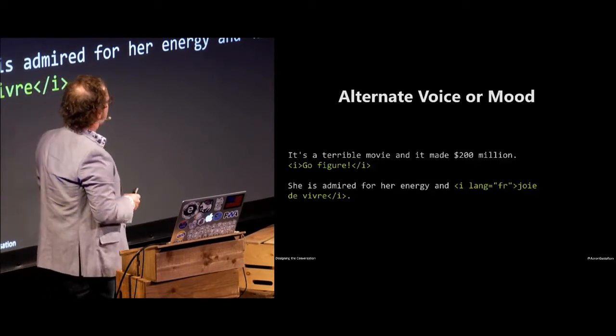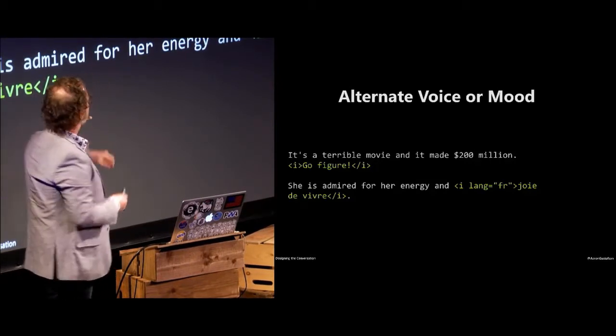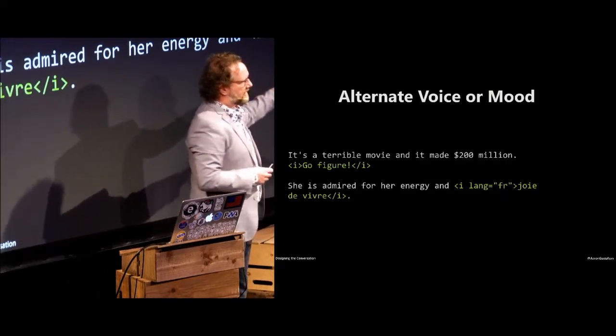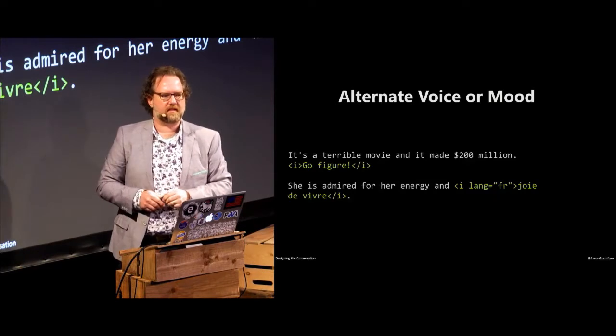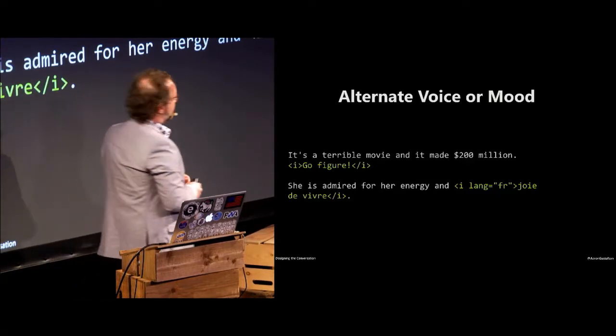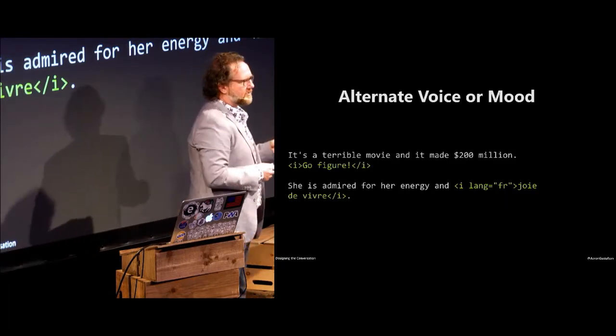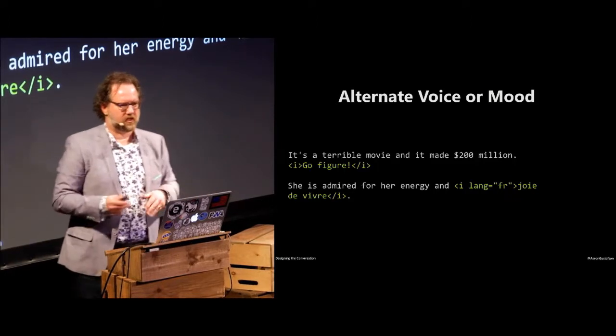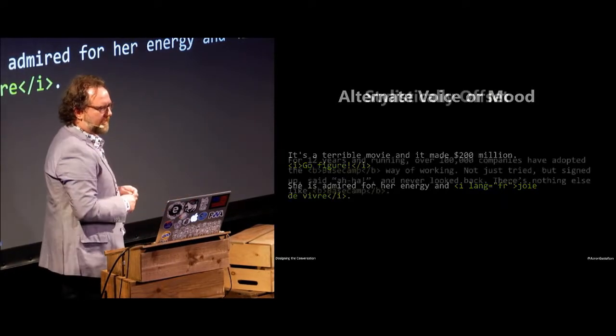Or she is admired for her energy and joie de vivre. In this case, it's indicating a shift in language, and I'm indicating that the language within the I is French. So this could actually indicate to a voice synthesizer, hey, you need to shift your pronunciation to a more French-appropriate pronunciation when you move from English to French.